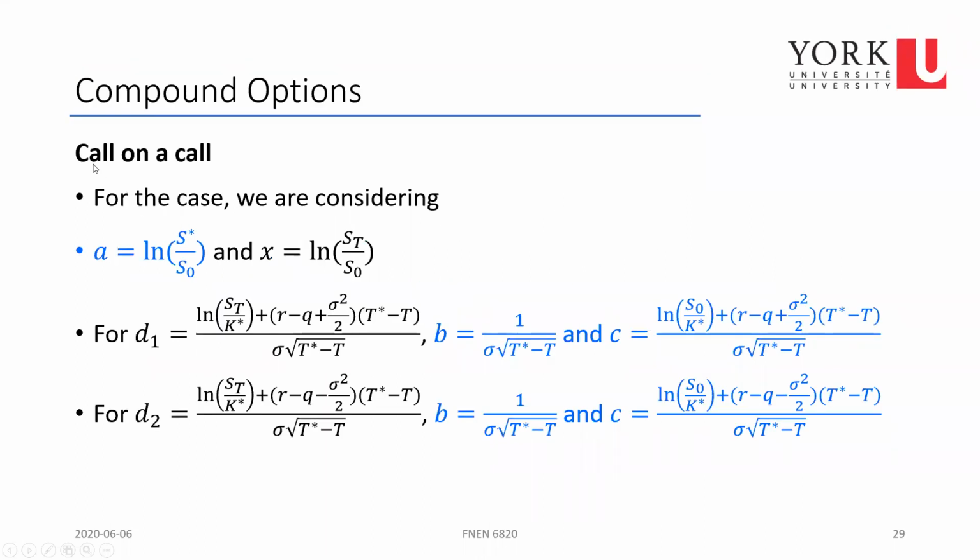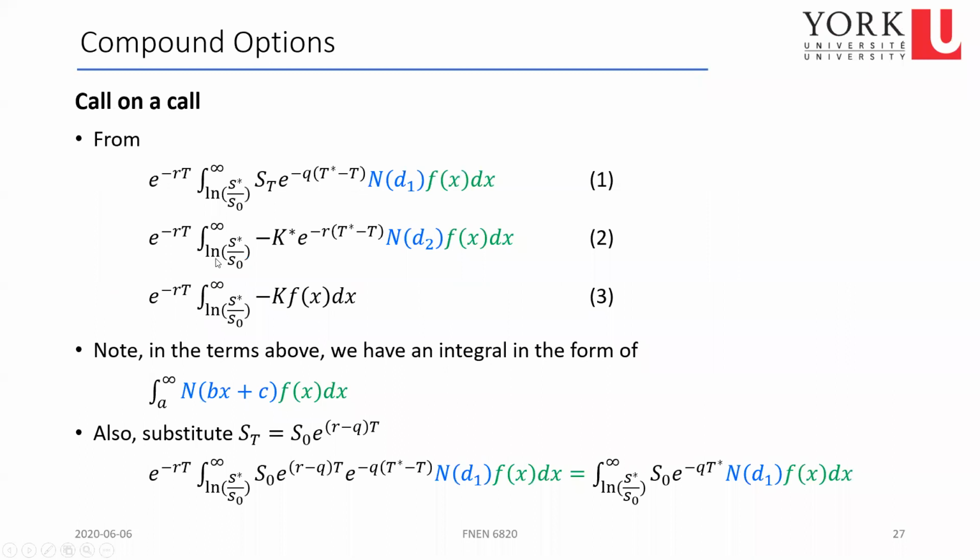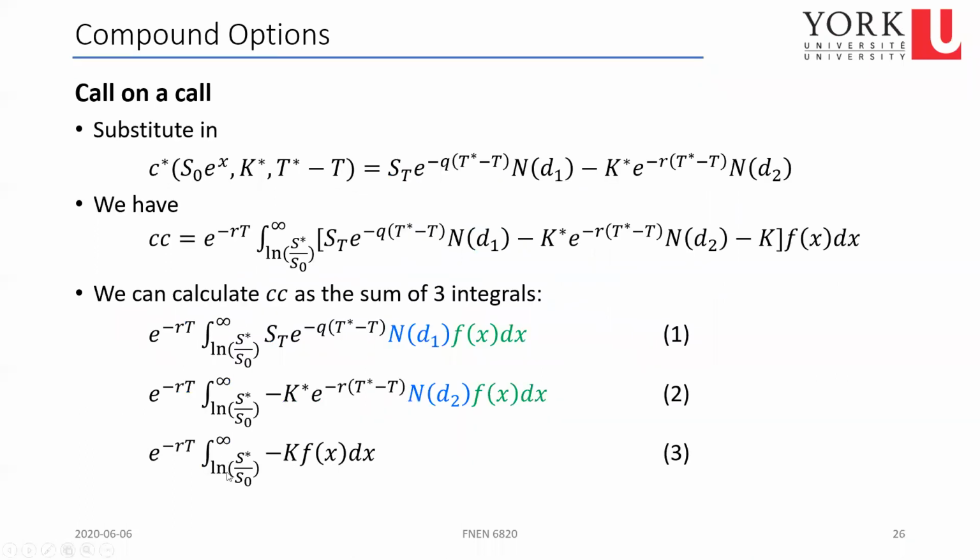So for a call on a call, in order to use this condition, we have to figure out what A, B, and C are. A, we know, is basically the starting point of the integration. So the starting point of integration is this.